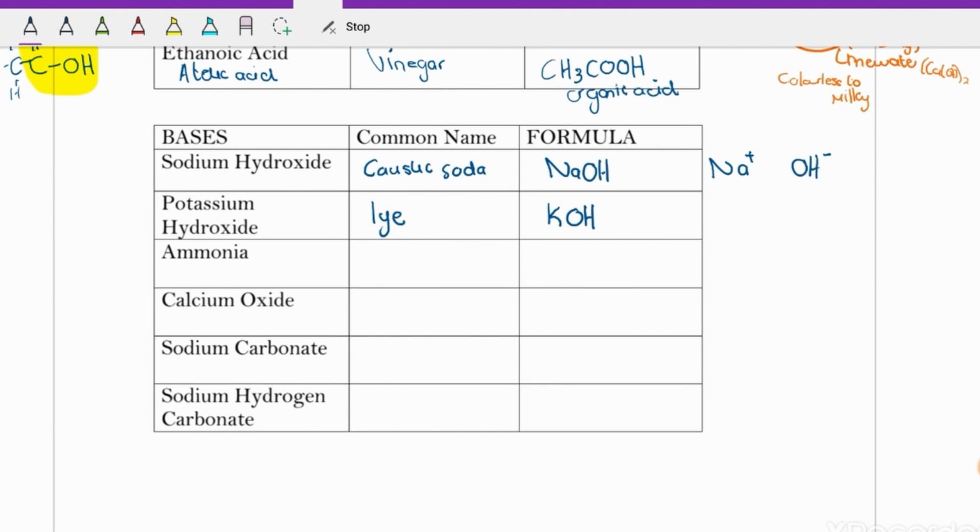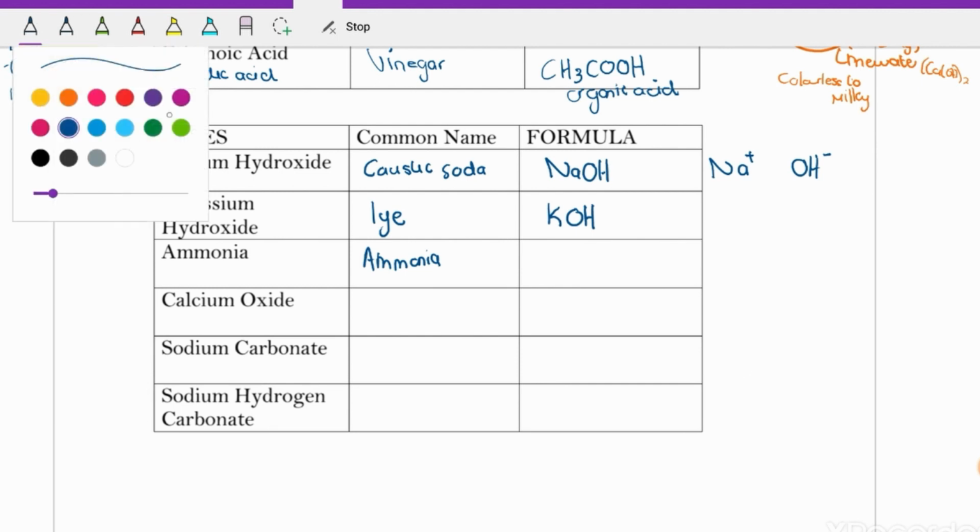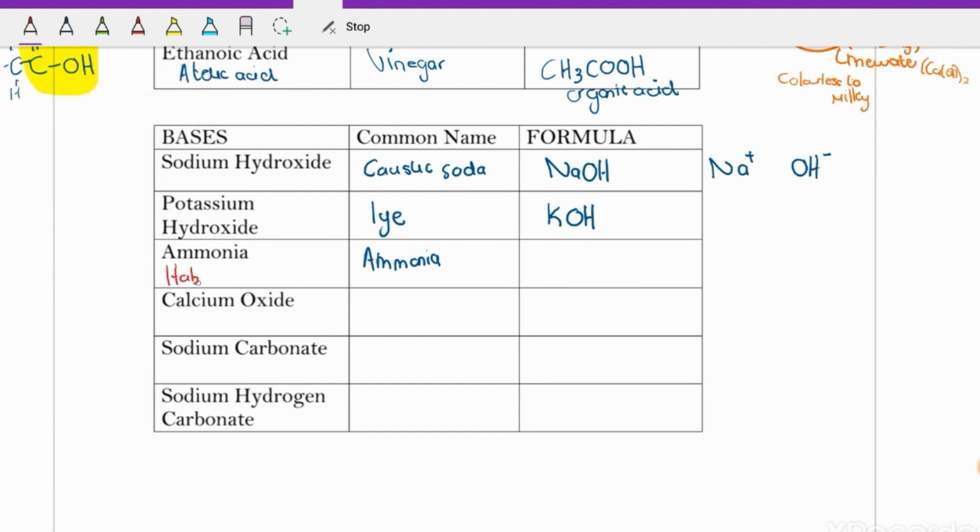Then we get ammonia. Ammonia doesn't really have a common name. We just know it as ammonia. And there's a lot of history to ammonia in chemistry, which is quite fascinating, especially if we get to the chemical industry and we talk about the, let me just write that down here for your info, the Haber-Bosch process, and the history behind that, and manufacturing and chemical equilibrium.